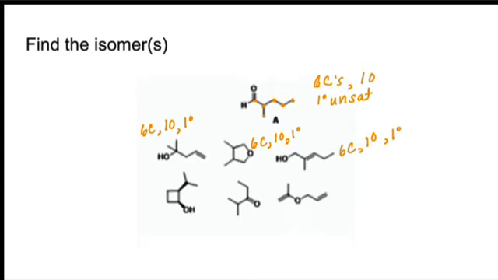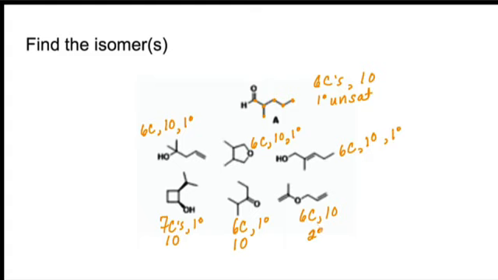The 4-member ring structure is interesting. I'm seeing 1, 2, 3, 4, 5, 6, 7 carbons, 1 oxygen and 1 degree of unsaturation. The next one, 1, 2, 3, 4, 5, 6 carbons, 1 oxygen, and 1 degree of unsaturation.